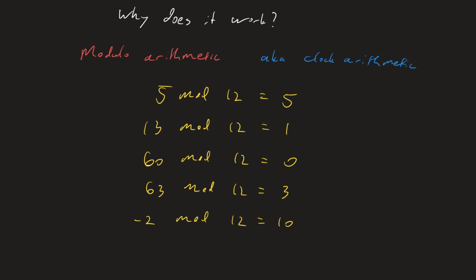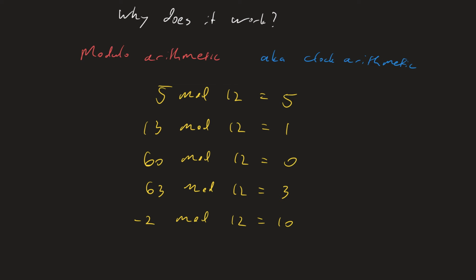We subtract off 60, we have 3 left over. And indeed, whenever we go round the clock face, it's equivalent to just subtracting or adding 12 to the number here. Mathematically, to compute what a number is modulo 12, we just keep adding or subtracting 12 from the number until we reach a number between 0 and 11 inclusive.